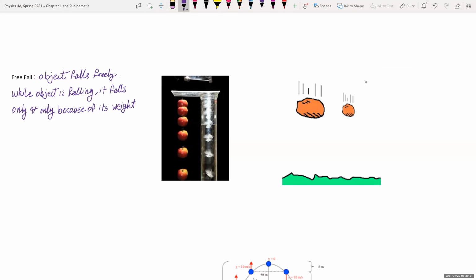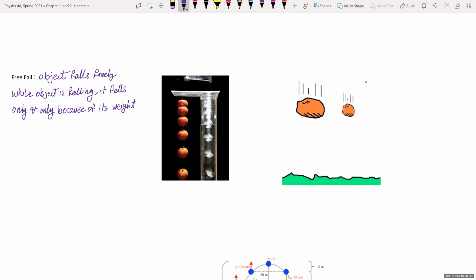Make sense? So when we jump up, then we fall. Why do we fall? Because of our weight.